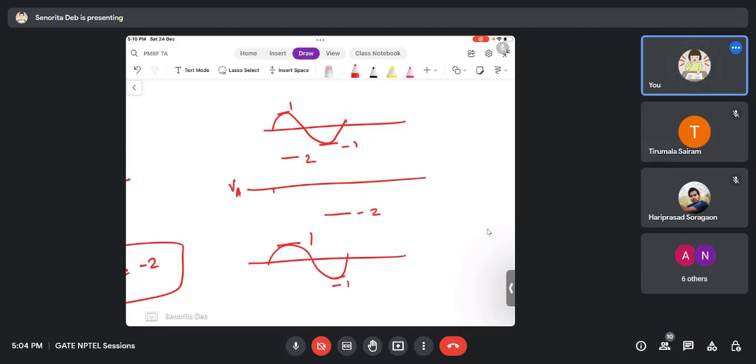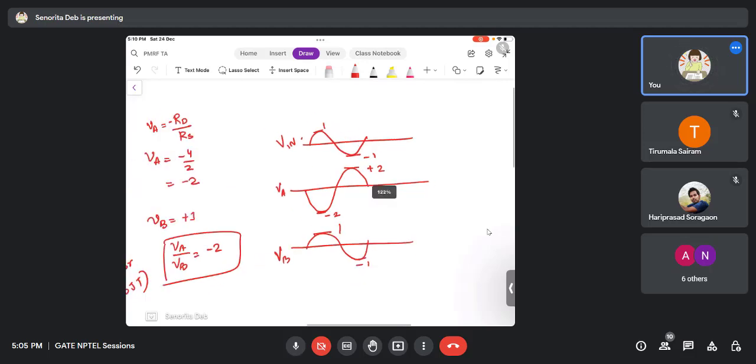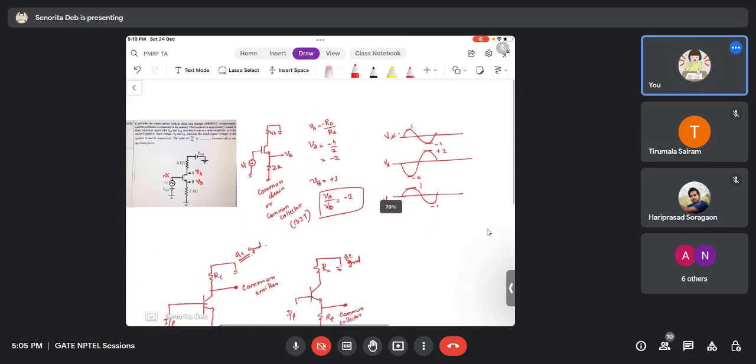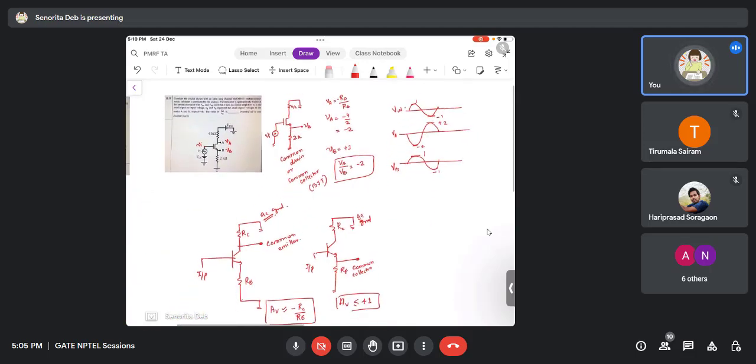Phase change. Phase will be changed, sorry, because for common emitter or common source, the phase changes. Do you understand now? This was asked in 2022. Just have a look into it.